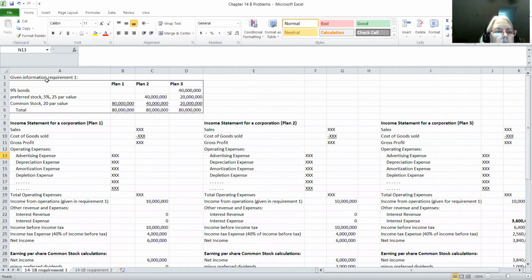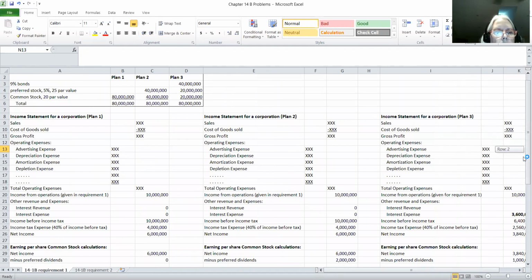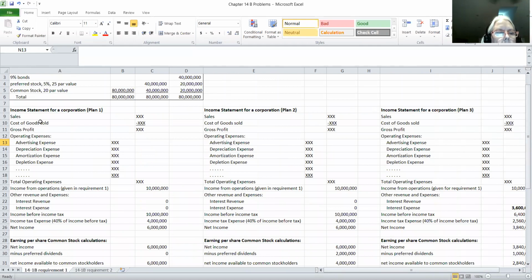Okay, the given information from Cengage, I've restated that in the top part of this spreadsheet. The income statement for a corporation would consist of the revenue account, and usually the revenue account is going to be sales.